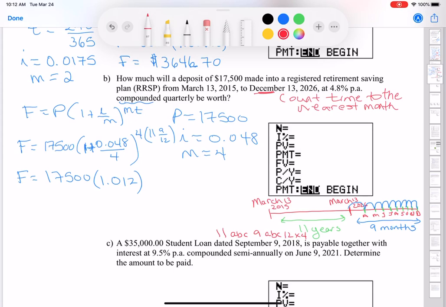Or we could enter it in the way that your particular calculator takes it by adding the 9/12 to 11, and then multiply it by 4 to give us an exponent of 47.